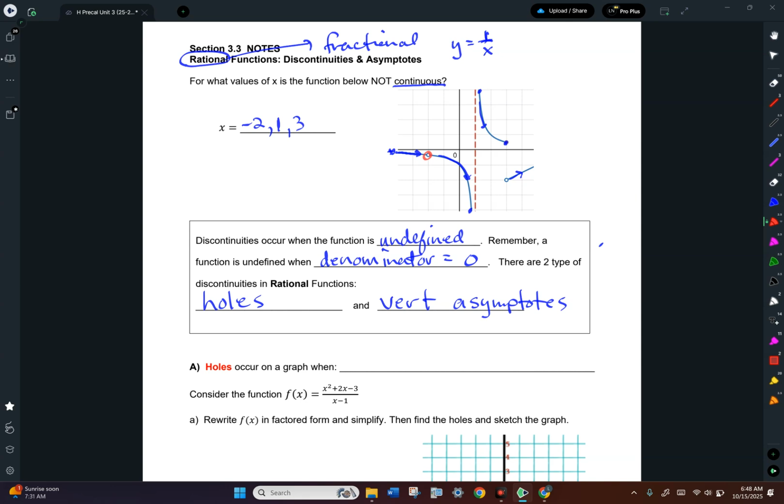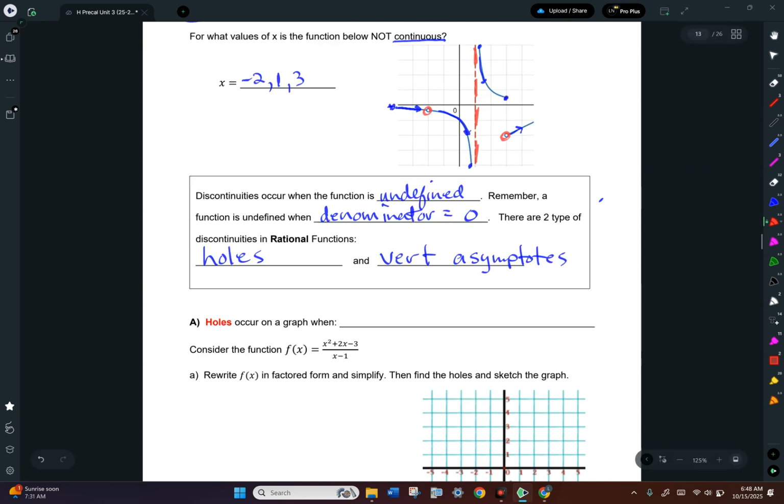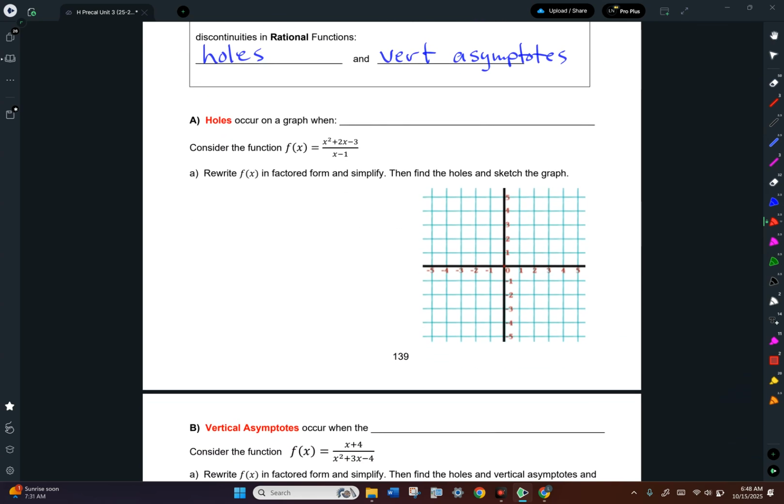There was a vertical asymptote right here at 1. And there was a giant break in the graph over here, but there was definitely a hole. So holes or asymptotes. Let's first refresh your memory on holes. Holes occur when you have factors that cancel.